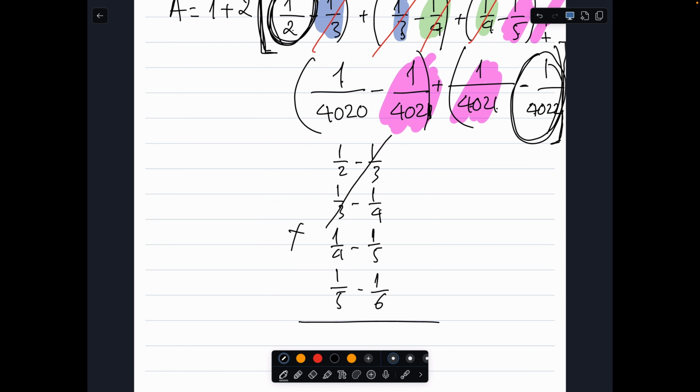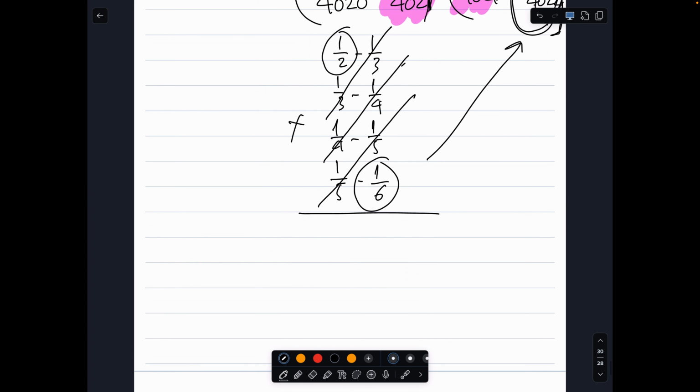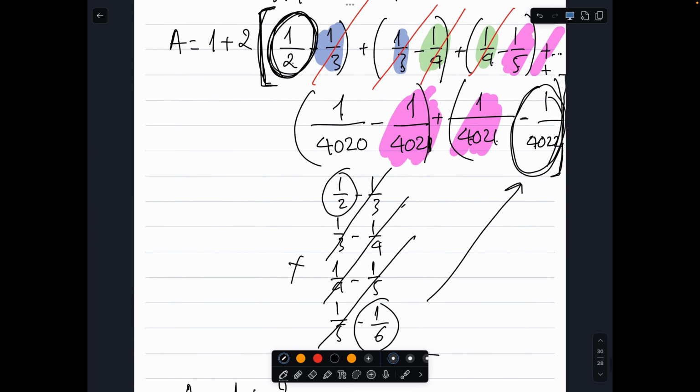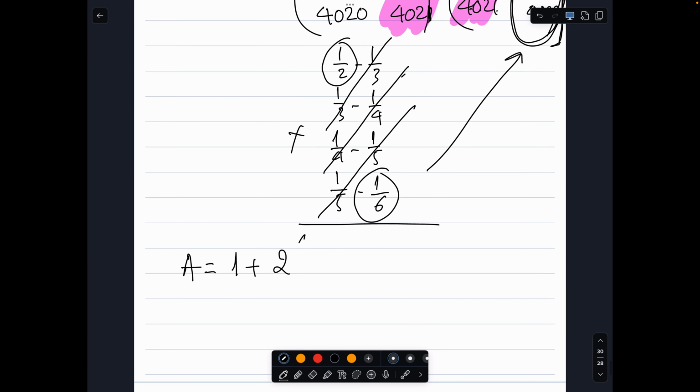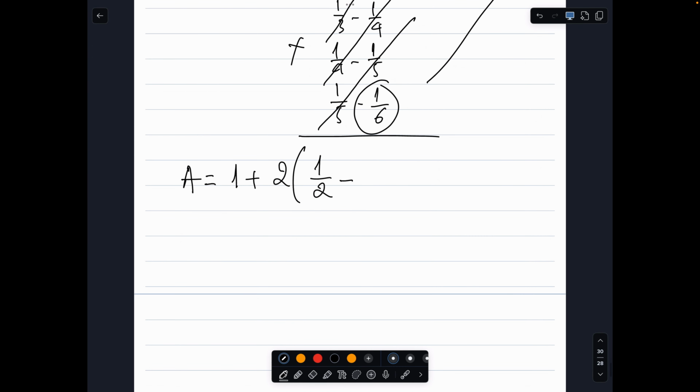You see diagonal, you have this line, only the first and the last. Now our A has more terms, that's why it's like this. So A is nothing but 1 plus 2 times 1/2 minus 1.